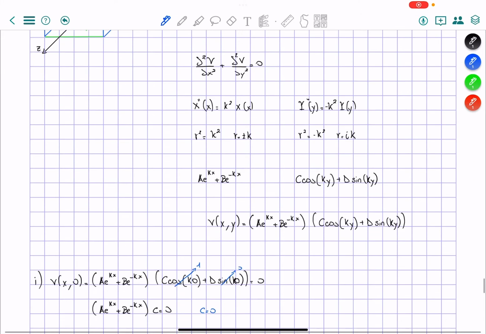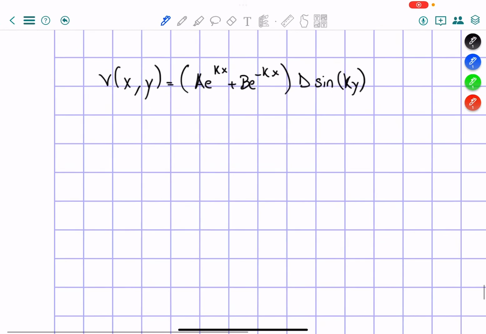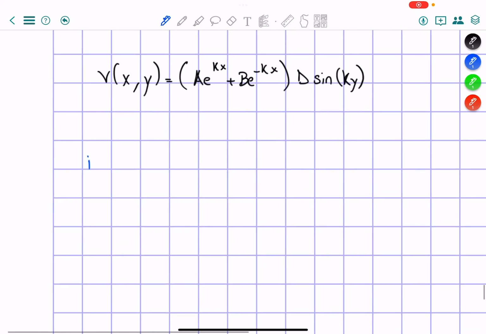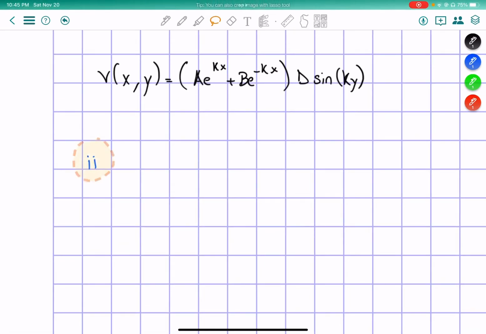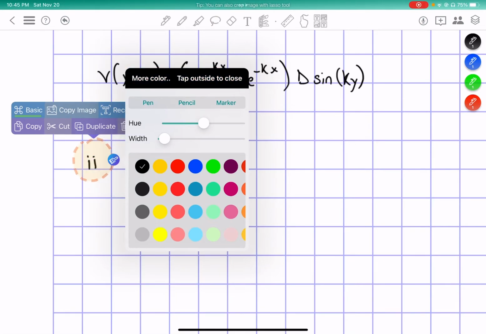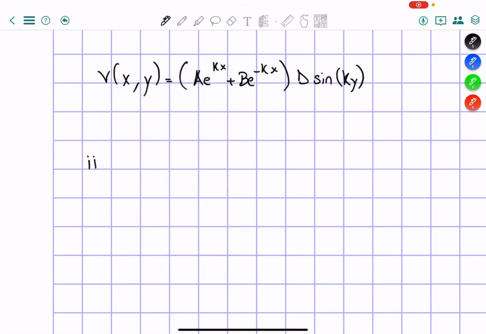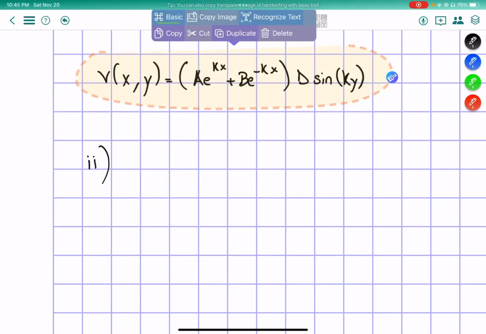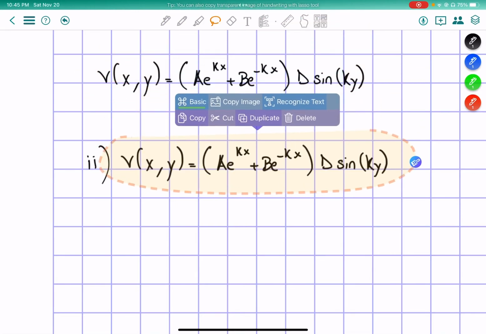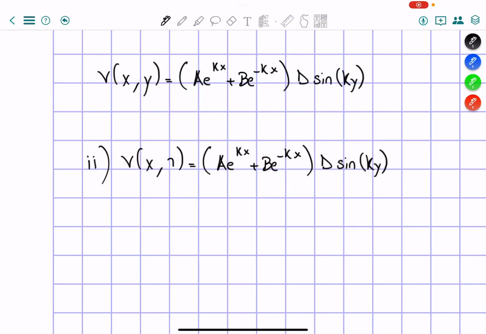So let's go back, and we have to plug in that when y is equal to a, our voltage has to be equal to 0. So let's take this, duplicate it. Instead of y, we're going to put a.